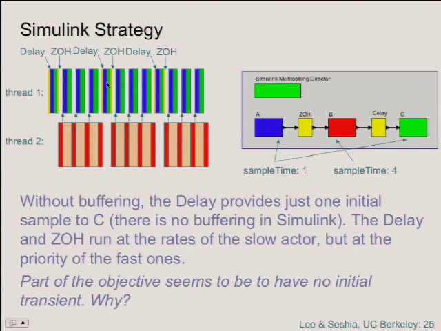Yeah, it's a bit of a mind bend. If you read the manual, what it tells you is that whenever you're going from a high sample rate to a low sample rate block, I mean, which means going from a low sample time to a high sample time block, use a zero order hold. Whenever you go from a high sample time to a low sample time, use a delay.